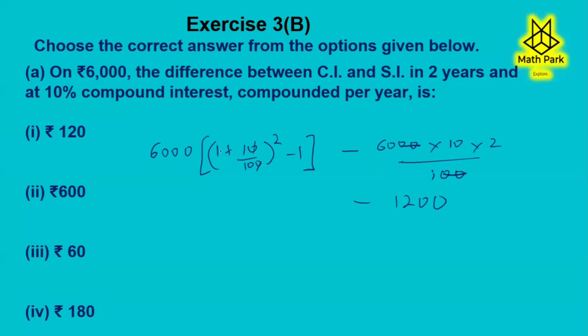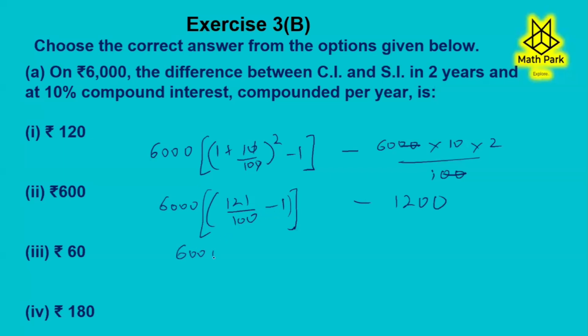Simplifying this, 10 plus 1, 11 by 10 whole square. So 6,000 in bracket, this is the square of 11 by 10. 11 square is going to be 121 upon 100 minus 1. Take the LCM, 121 minus 100 is 21.